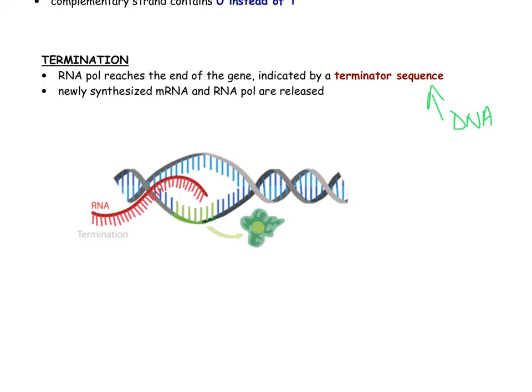All right, so what happens as a result? Well, that terminator sequence, once identified, lets RNA polymerase know that it's time to stop. Okay, RNA polymerase is released, and so is our new mRNA strand, almost ready to go off and move to the ribosome where it's going to provide the code for a protein.